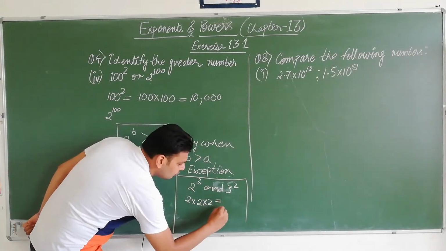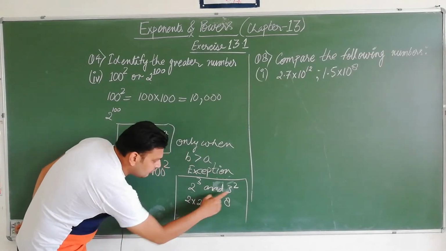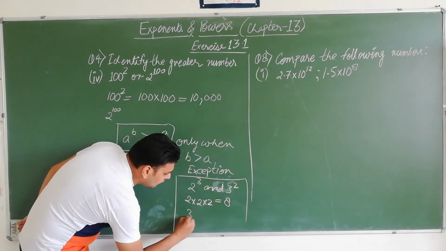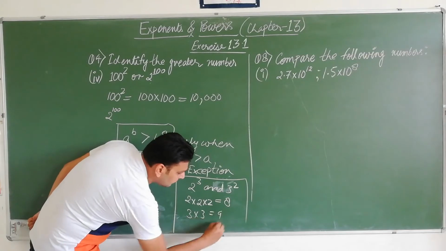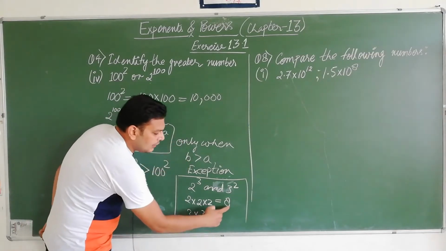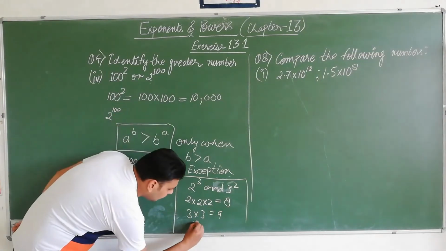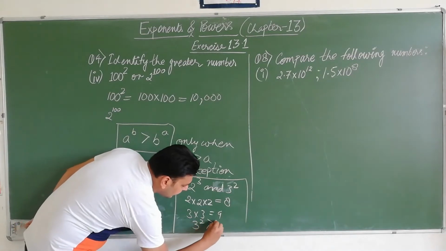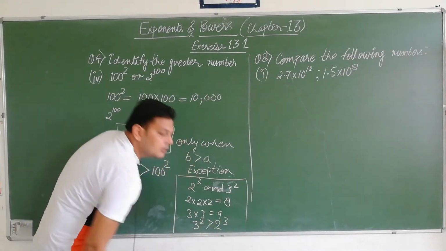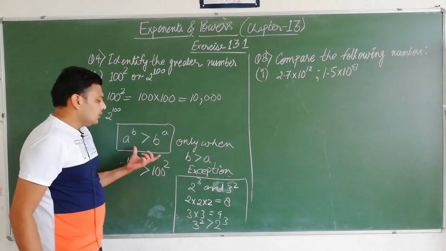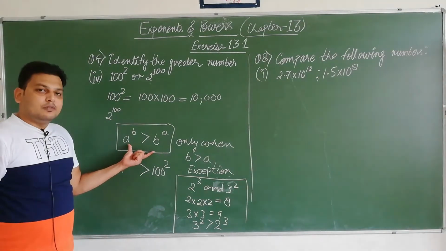The value comes to be 8, and 3 to the power 2 means 3 into 3, which is 9. So as we can see, 9 is greater than 8 and 3 to the power 2 will be greater than 2 to the power 3. Except this case, this rule is valid everywhere.